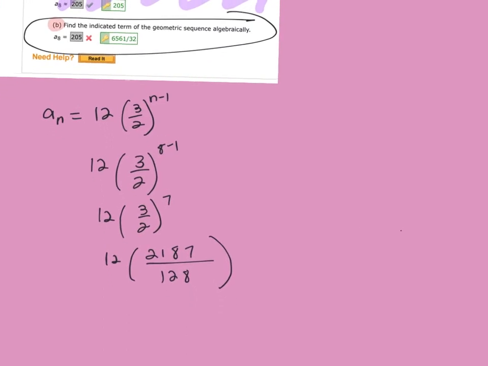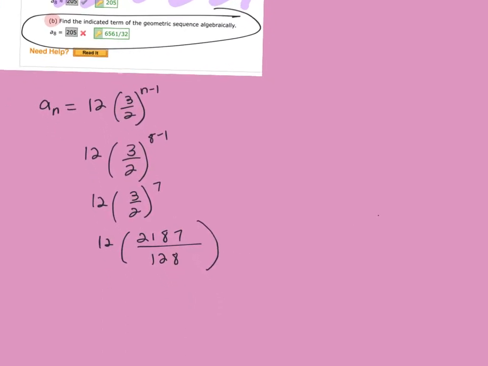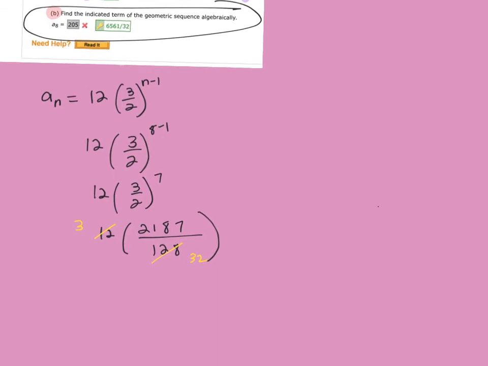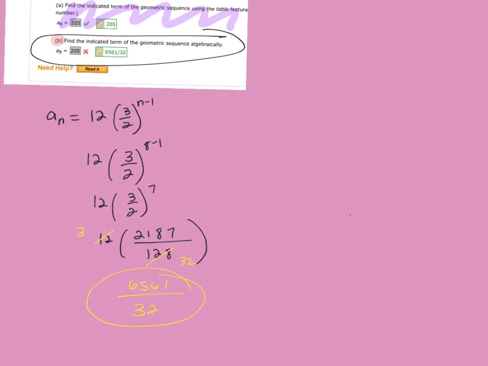And then I can simplify the 12 and the 128. They're both divisible by 4. This is 32, and this is 3. And then 3 times 2,187 is 6,561 over 32. So that would be your exact answer.